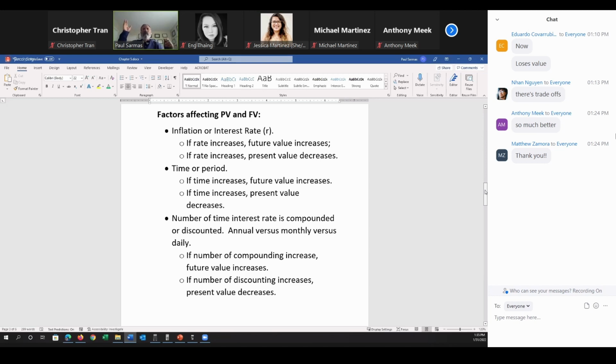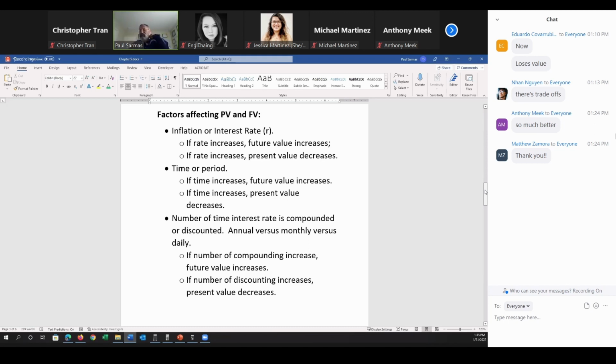Remember, you want $100 by next year. One bank pays you 5% interest, another bank pays you 8% interest. So if you put your money in Citibank at 8% to get 100, you will need to put less money because you have a higher interest rate to earn. But if you put it in the Bank of America, which pays you only 5%, you have to put more money in at lower interest rates.